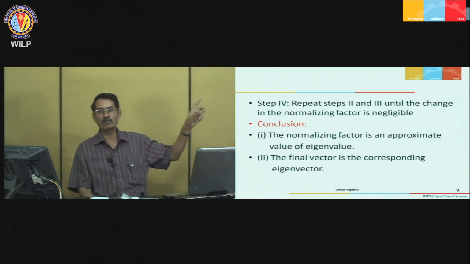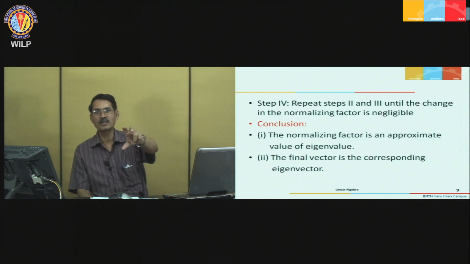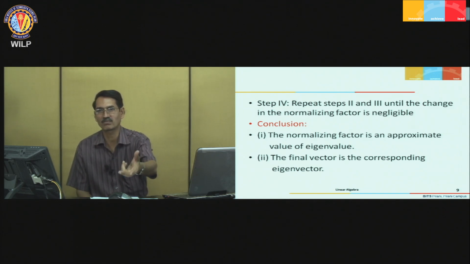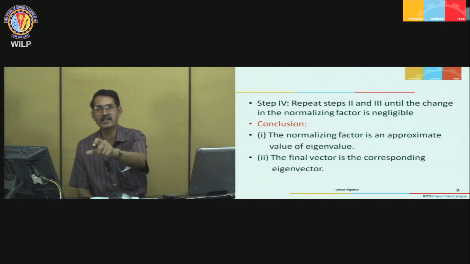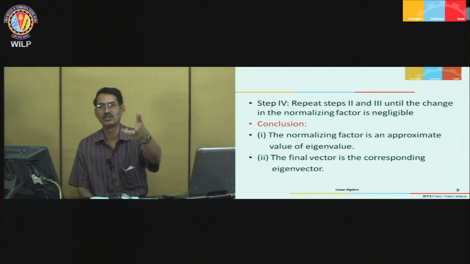In one of the examples, we made the vector A into U0 into normalized form, by dividing by the entry which is largest in magnitude. See whether there is any change in the normalizing factor after some steps, after 3 steps or after 8 steps or 10 steps.